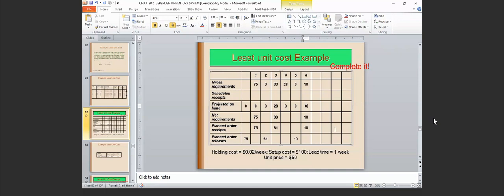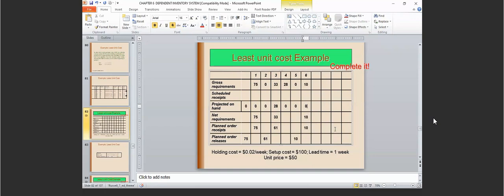The only difference between the Silver-Meal algorithm and least unit cost is that in least unit cost, we need to divide the total relevant cost by the cumulative demand, or cumulative gross requirement. Compared to the Silver-Meal algorithm, where we divide by the number of periods.